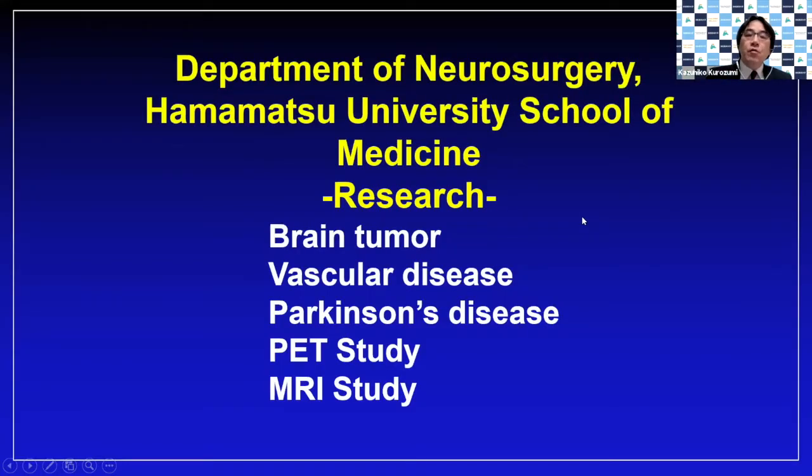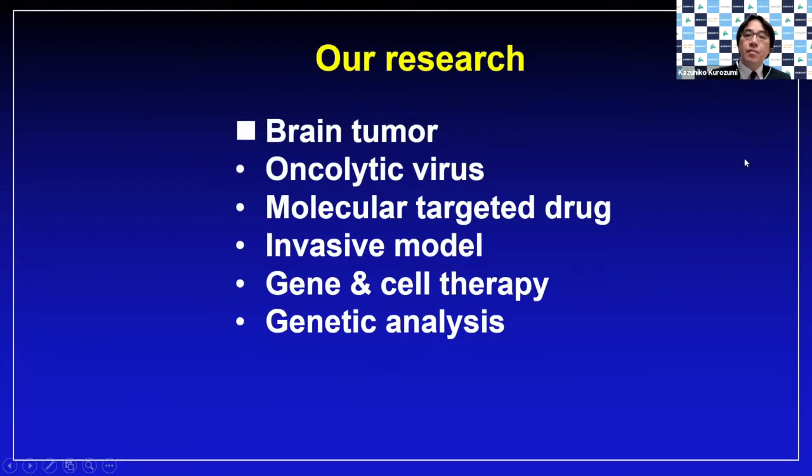Okay, so from now, I will show our research. We are doing research on brain tumor, vascular disease, Parkinson's disease, PET studies and MRI studies, especially brain tumor: oncolytic virus, molecular targeted drugs, invasion models, gene and cell therapy, and genetic analysis.